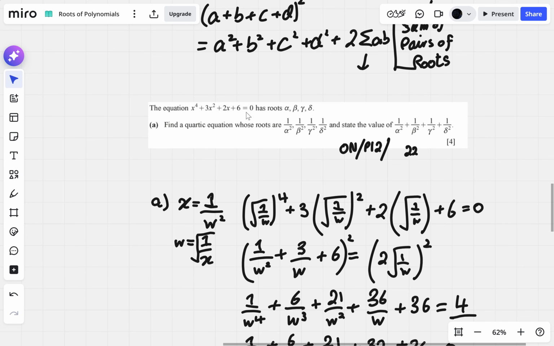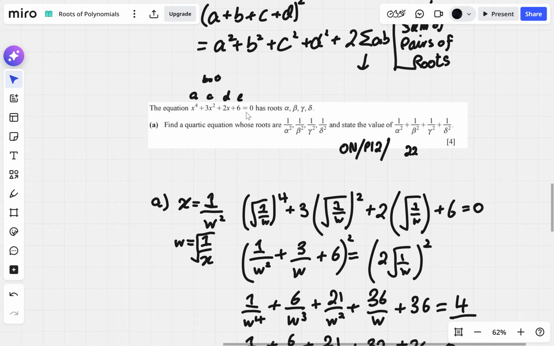So this is A. There is no B because the x cubed term is omitted. That means B is equal to 0. Then this is going to be C, this is going to be D, and this is going to be E.